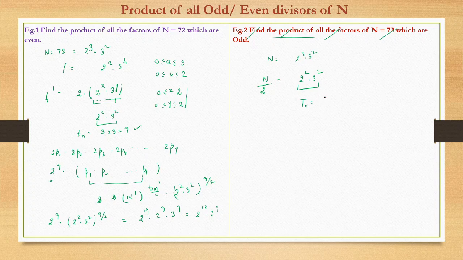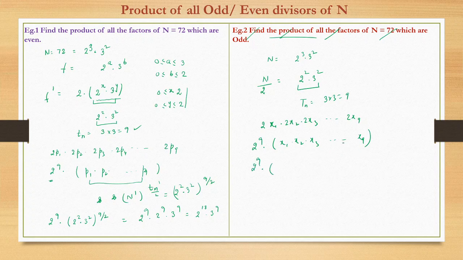This has 3 into 3, 9, and all the factors should be of the form 2x1, 2x2, 2x3, up to 2x9, same as what we did here. So we can write it as 2 raised to power 9 into x1 into x2 into x3 up to x9.